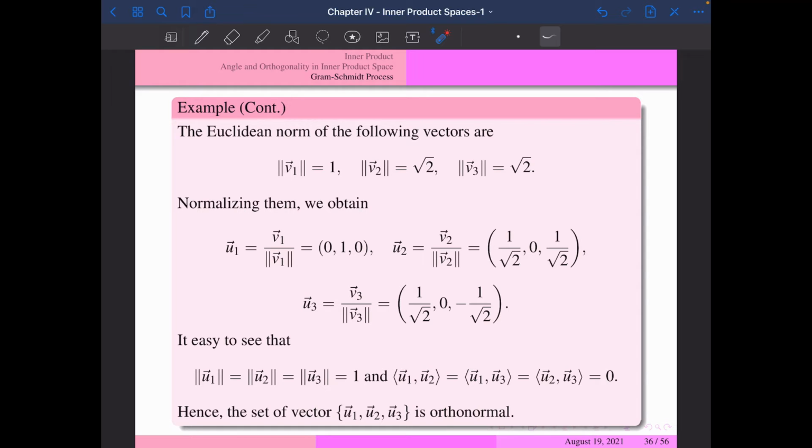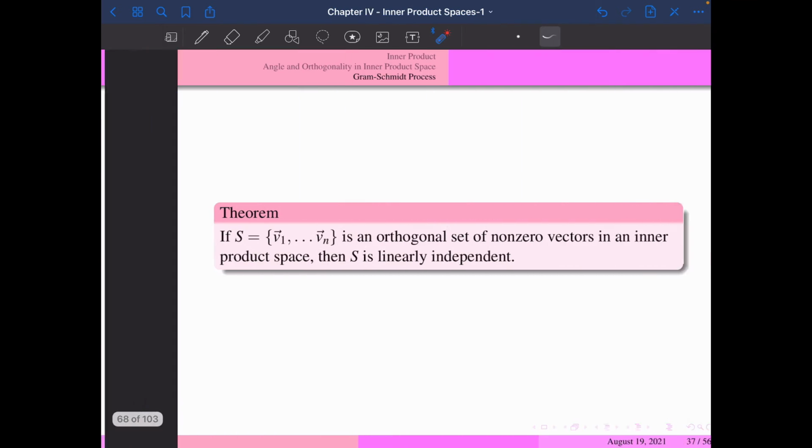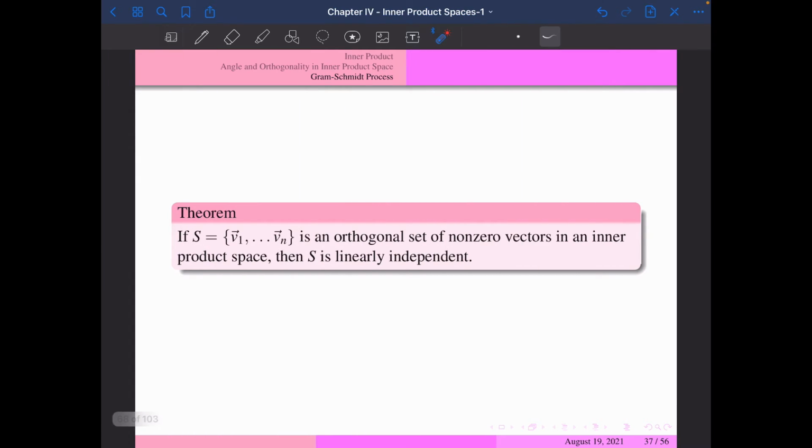Now we have the definition of an orthogonal set. This theorem tells us that if you have an orthogonal set of non-zero vectors, then S is linearly independent. It means that if that set is an orthogonal set, it implies that S is linearly independent.